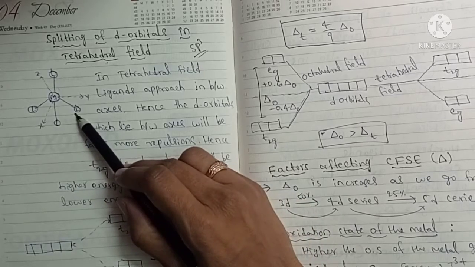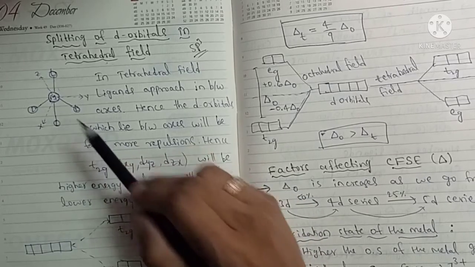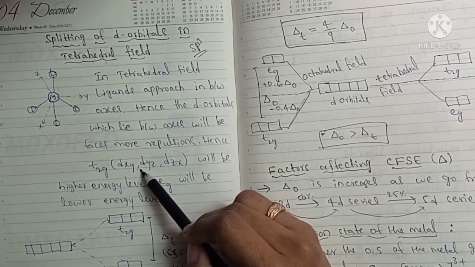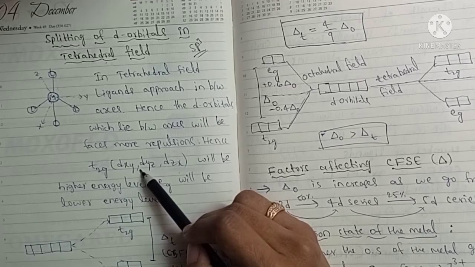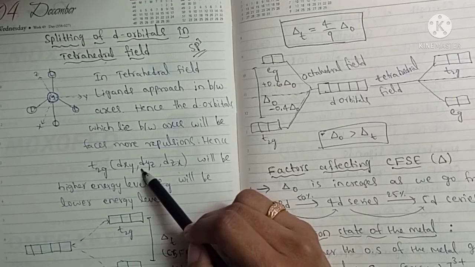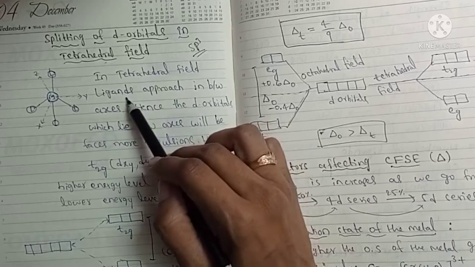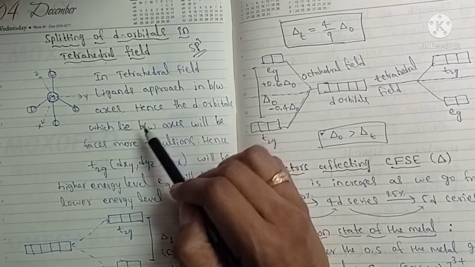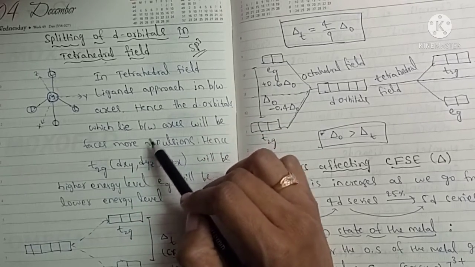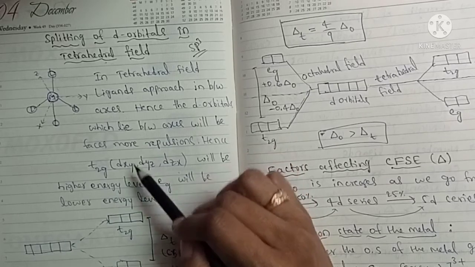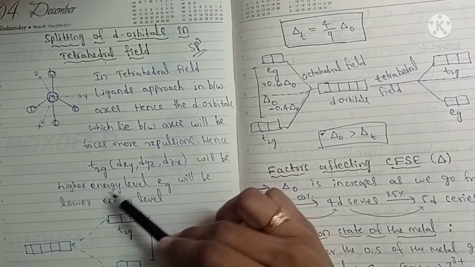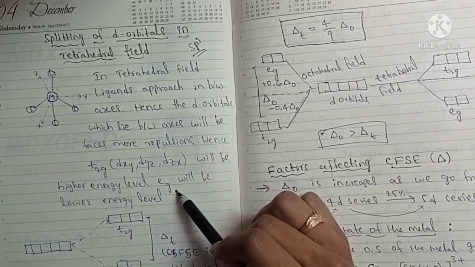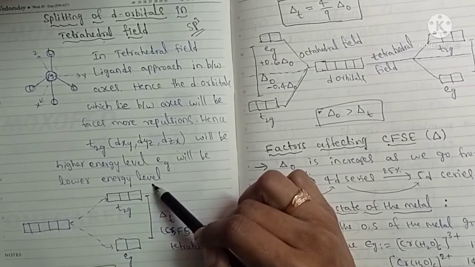The ligands also approach from in between the axes, so these orbitals will face more repulsions and they will have more energy. So in a tetrahedral field, ligands approach from between axes, hence the d orbitals which lie between axes face more repulsion, and the T2G level will be higher energy level and the EG level will be lower energy level.